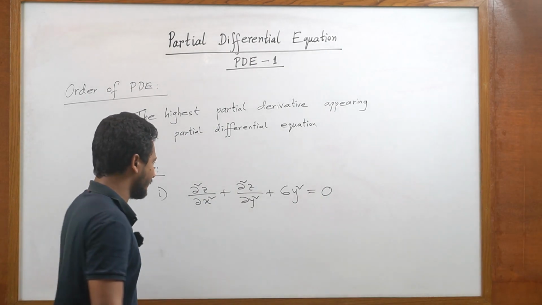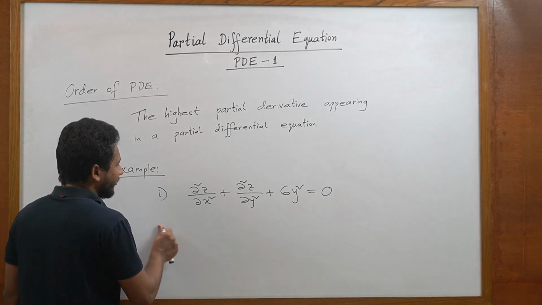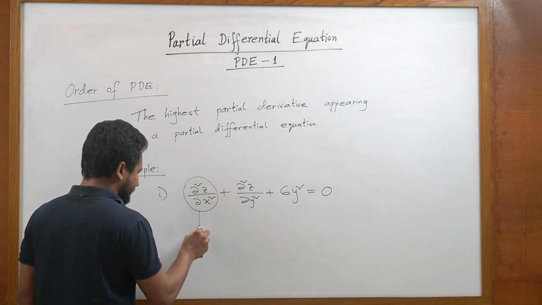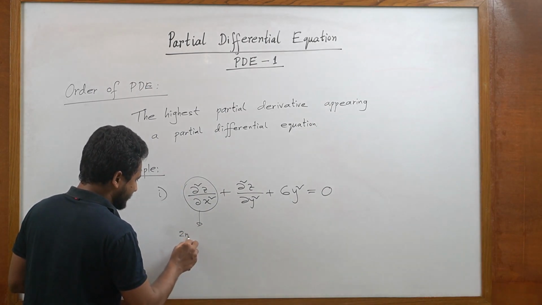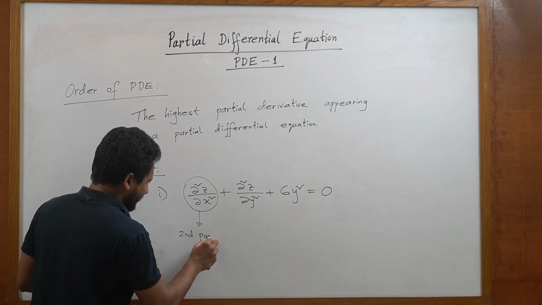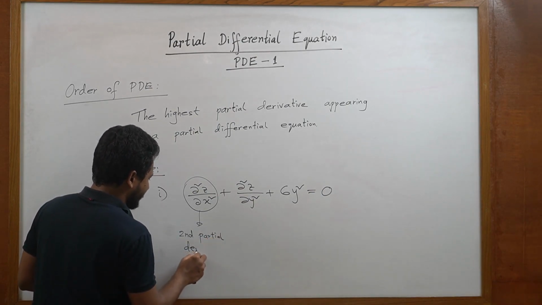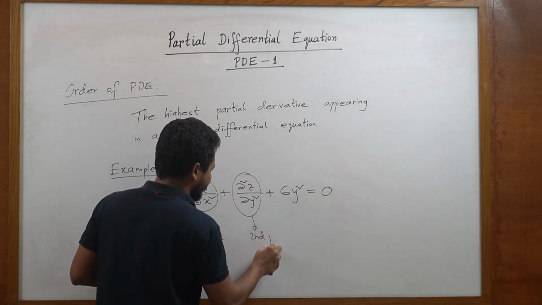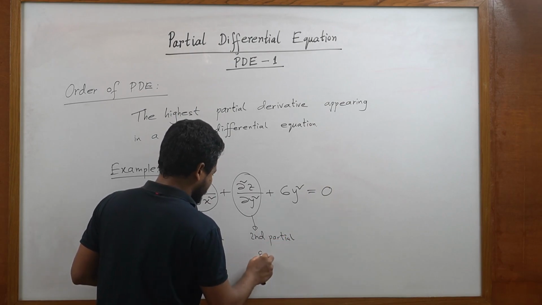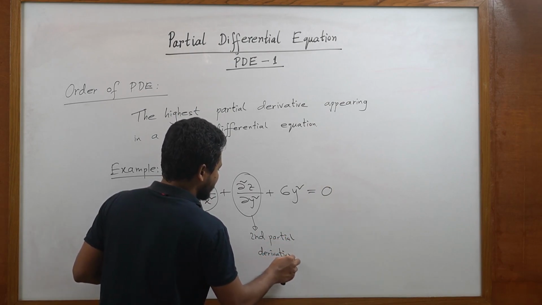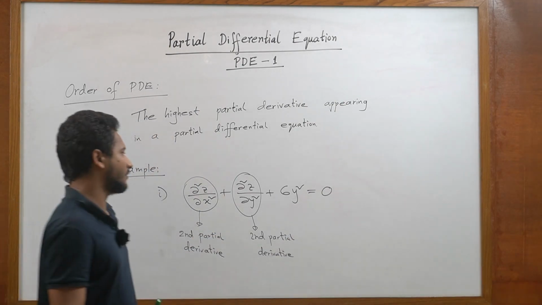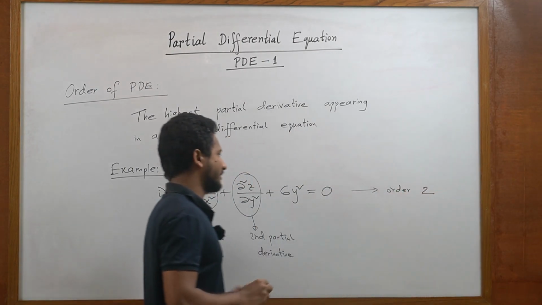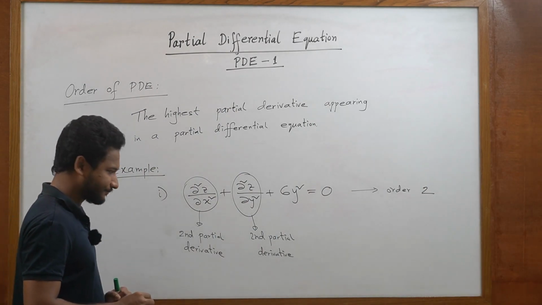Here this derivative operator is second partial derivative. This derivative is also second partial derivative. So the highest derivative present is second partial derivative. So the order will be 2. This is second order.